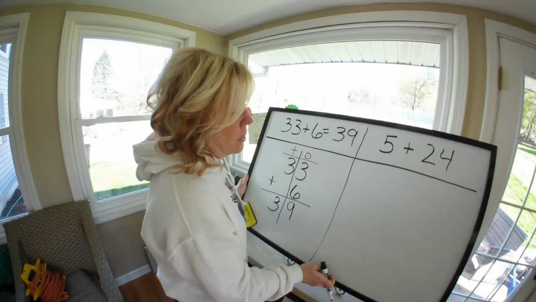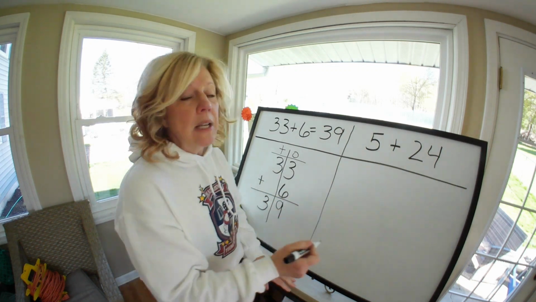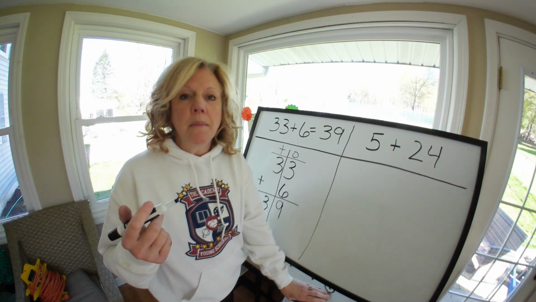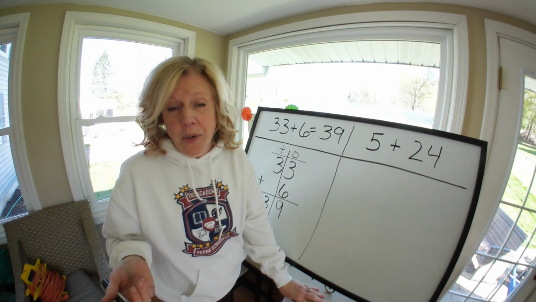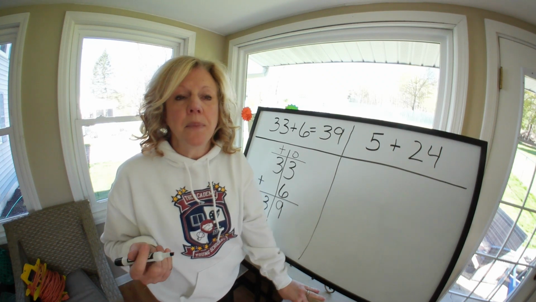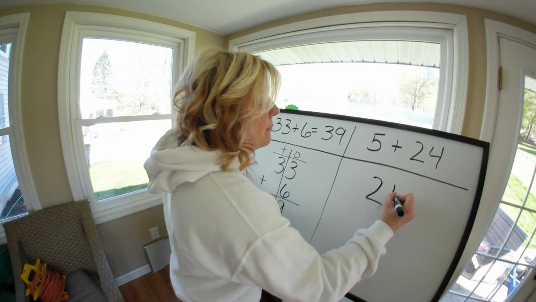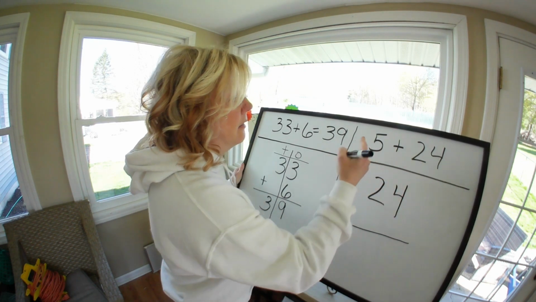25 plus 24. Now, again, I can write it so that the 5 is first, but I generally like to write it so that my bigger number is on top. It's just the way I do it. You can do it whichever way you want. But what we're going to do is we're going to write 24. And again, we're going to take a look at that 5.